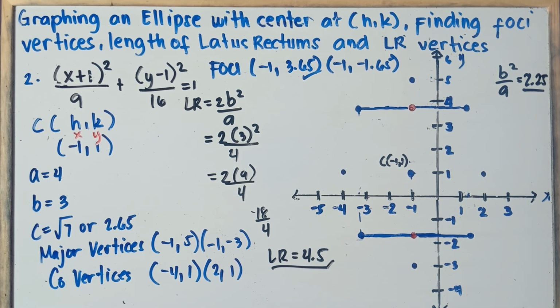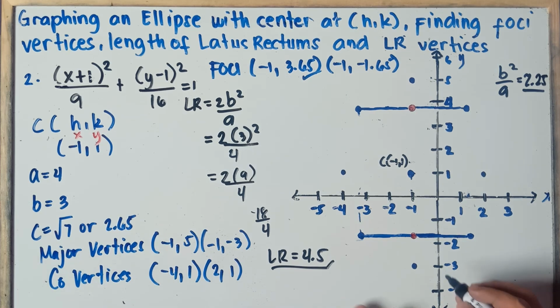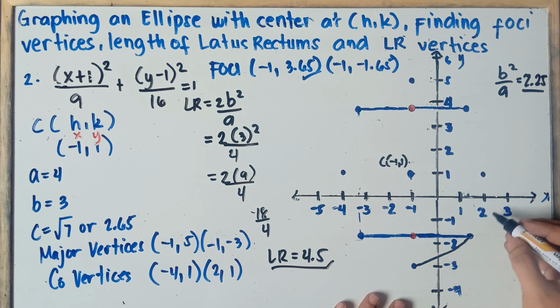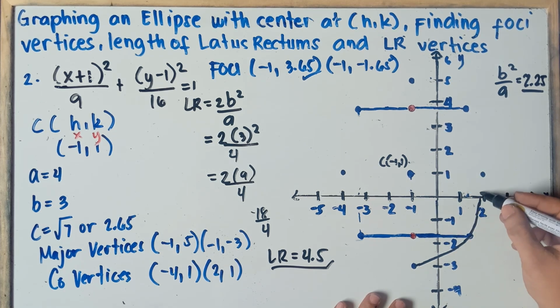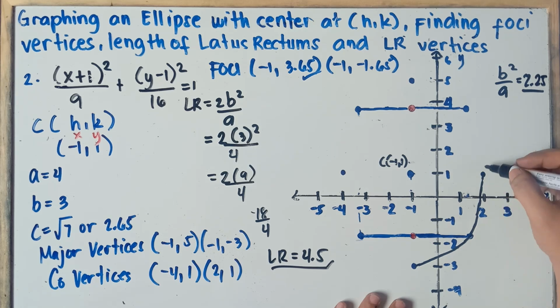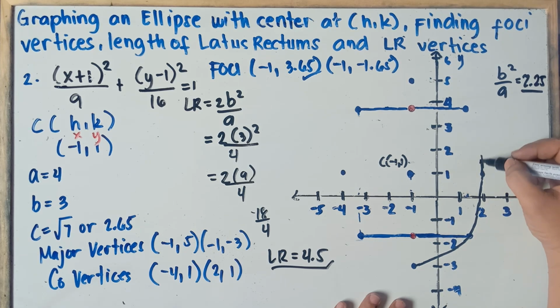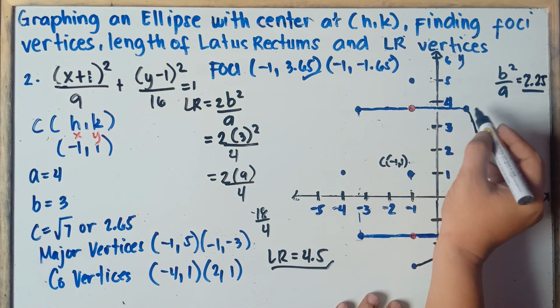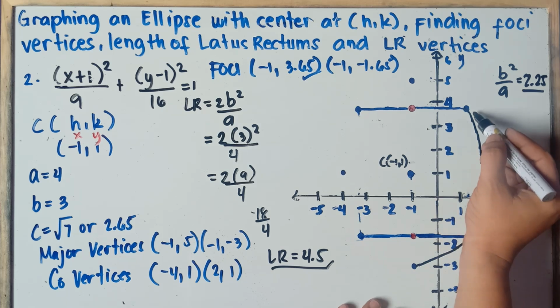Alright, so that's it, class. You're all set. Once you have the vertices for the latus rectum, we can now graph this. So graph this, class, connect the given points. Alright, so connect this one. I'm sure, class, if you have your graphing paper with you, this will be a perfect ellipse.